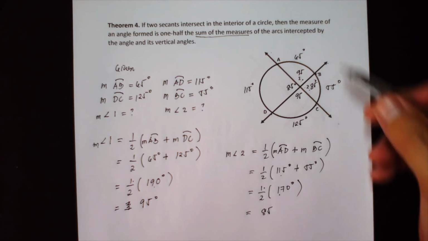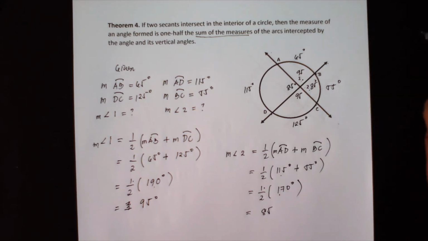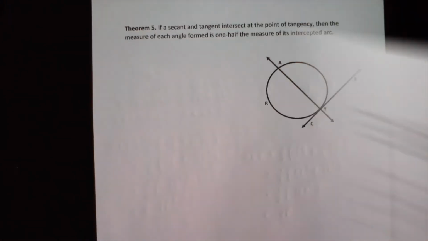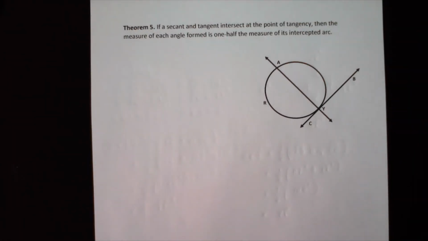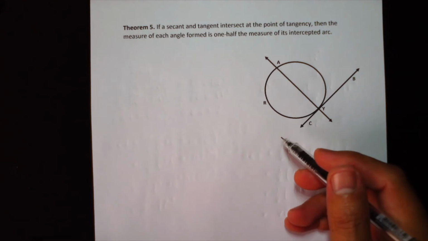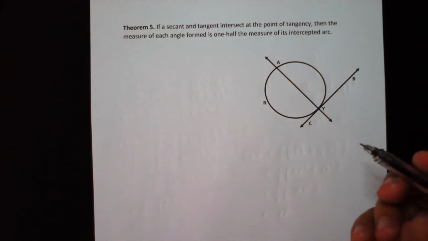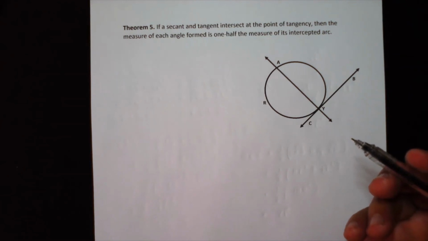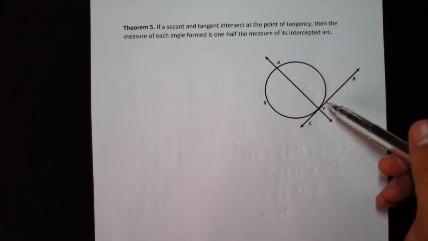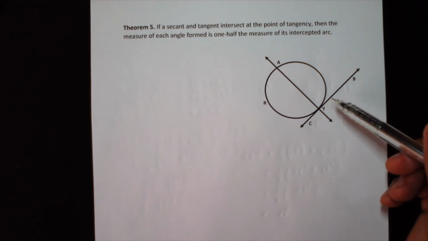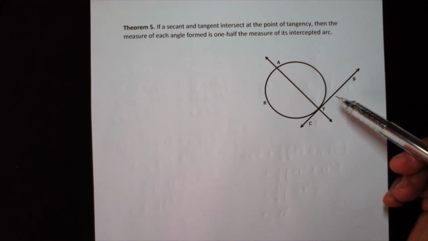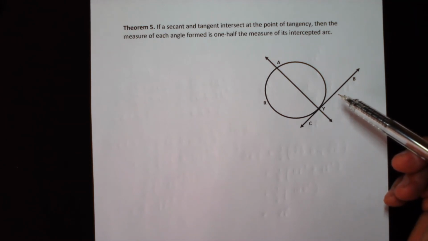So that is for theorem number 4. Let's have theorem number 5. If a secant and tangent intersect at the point of tangency, then the measure of each angle is 1/2 the measure of the intercepted arc.